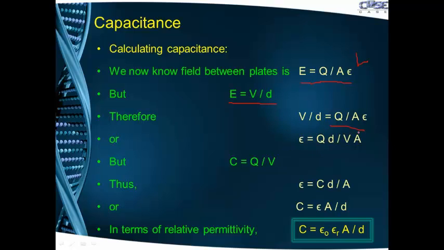So from here we can rearrange this relationship for epsilon. Epsilon is equal to Q D over V A, and similarly we know that C is equal to Q over V, and thus epsilon would be equal to C into D over A, where Q over V is replaced with C. So from here C can be determined as epsilon into A over D, and the value of epsilon can also be written as epsilon naught into epsilon r.